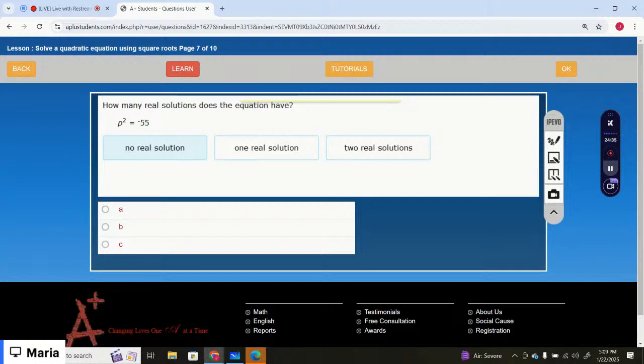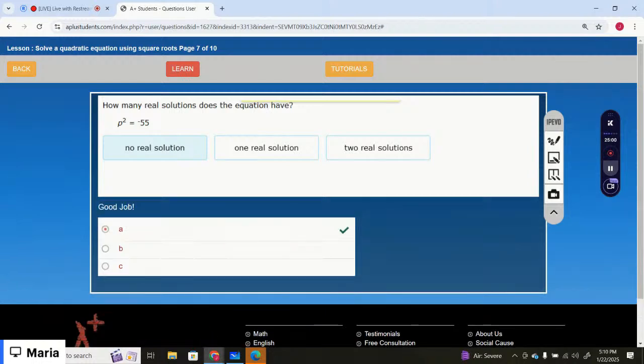How many real solutions does the equation have? So which is the correct option? Option number A is the correct option, no real solution.